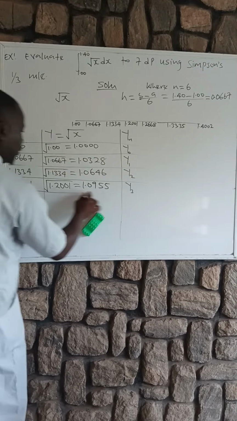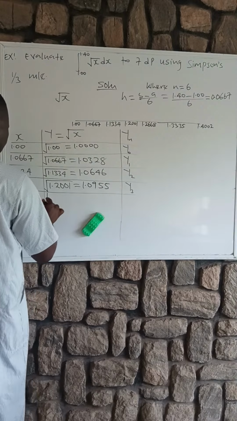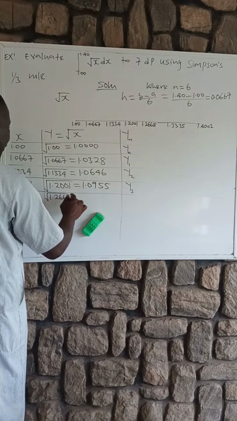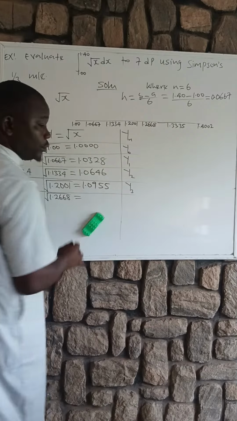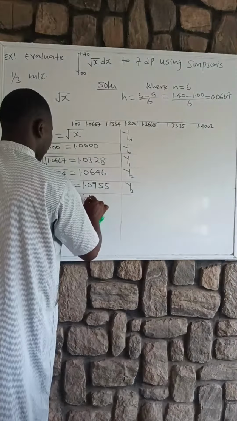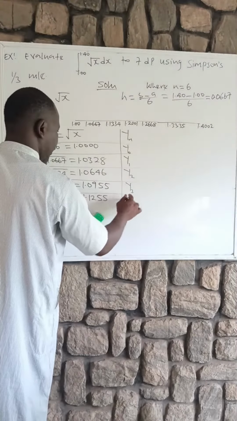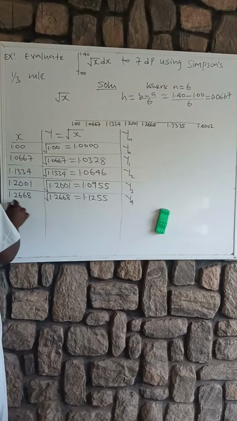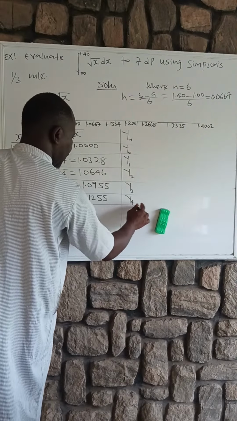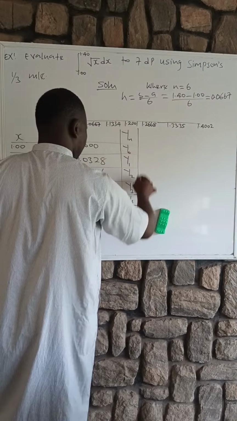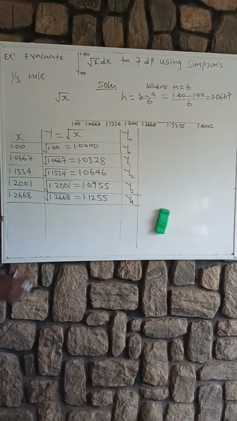So the square root of 1.2668 will be equal to 1.1255. This is y4. Then please take note of this thing we are doing. It's part of the exam question. I'll not tell you again. If you like, be serious. It will be part of the exam.